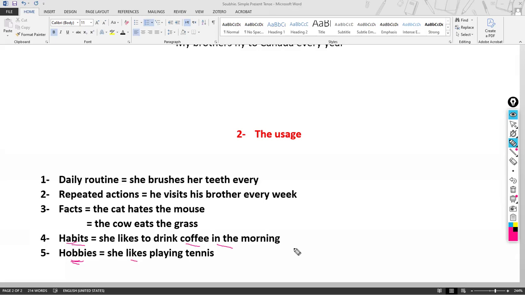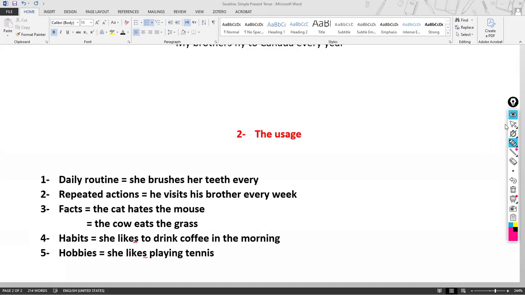Suddenly, you decide to drink milk in the evening. So maybe you say, okay, I think I have to change this habit. I don't want to drink milk in the morning, but I have to drink milk in the evening. So notice that habits are easy to change, but hobbies are really hard. This is the difference between habits and hobbies, but for both of them I have to use simple present tense.